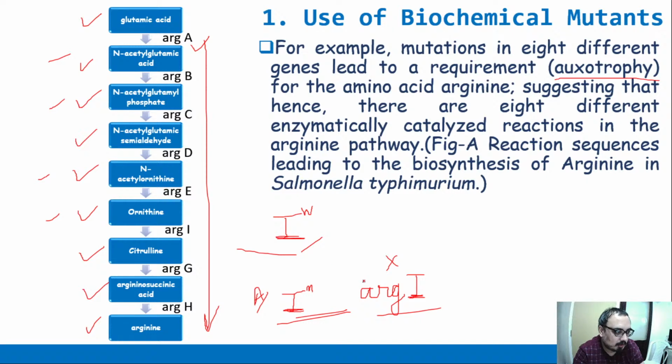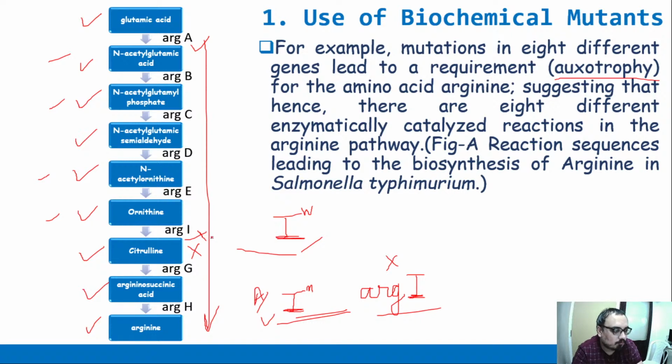In this scenario, citrulline will not be produced in the case of the mutant, because it does not possess gene I, so no enzyme will be produced.